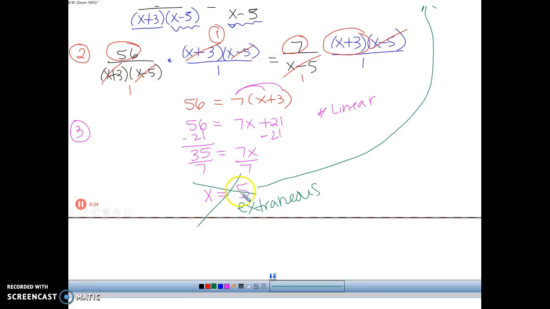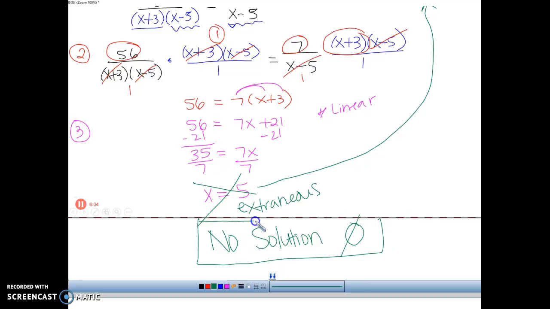My solution is extraneous. So my final solution set, you are actually going to say there is no solution for this example. Or the symbol for that is like a 0 with like a cross through it. That's called the null symbol. So there's actually no solution for this example because our answer was an extraneous solution.